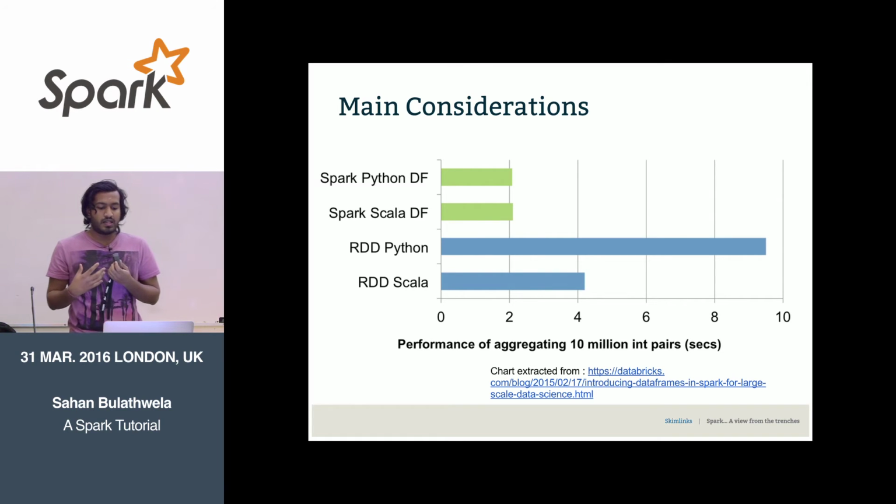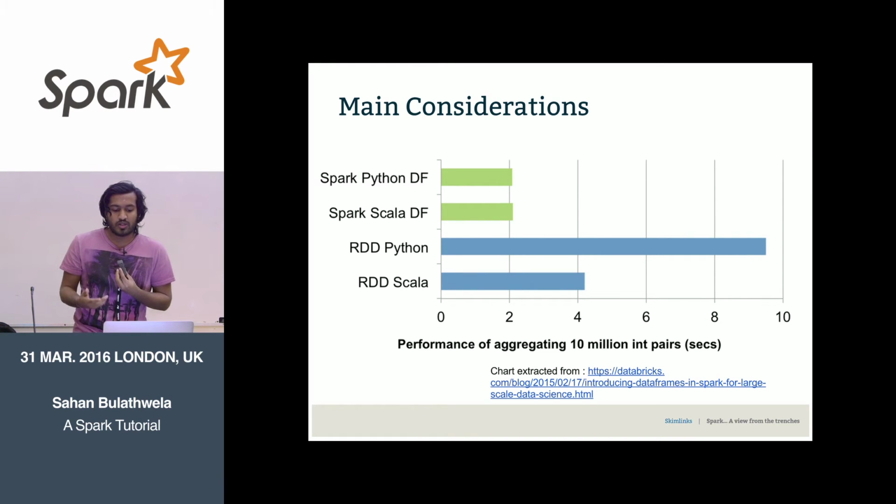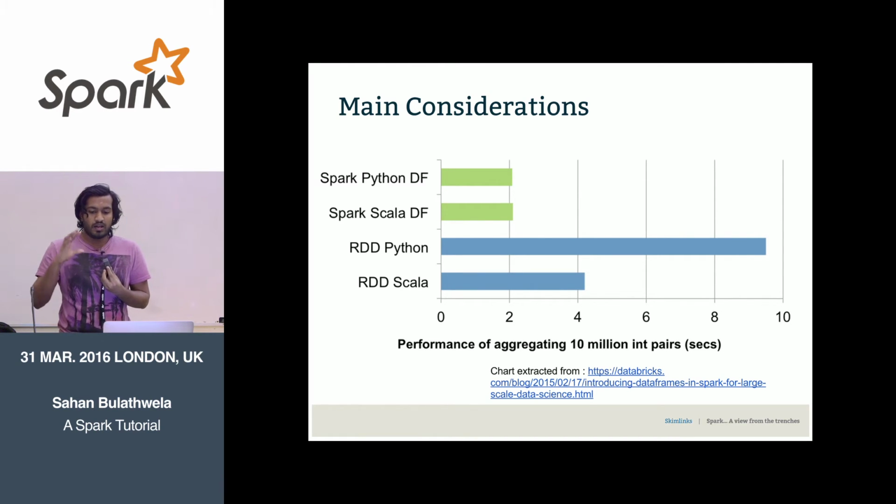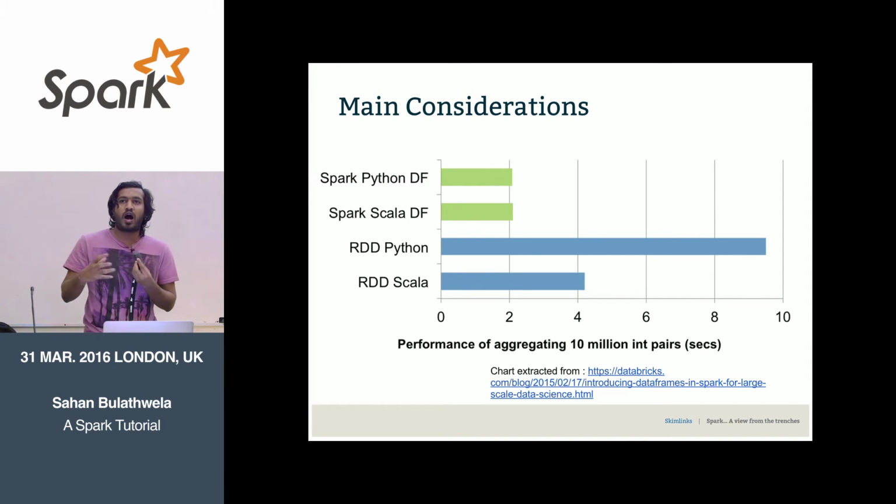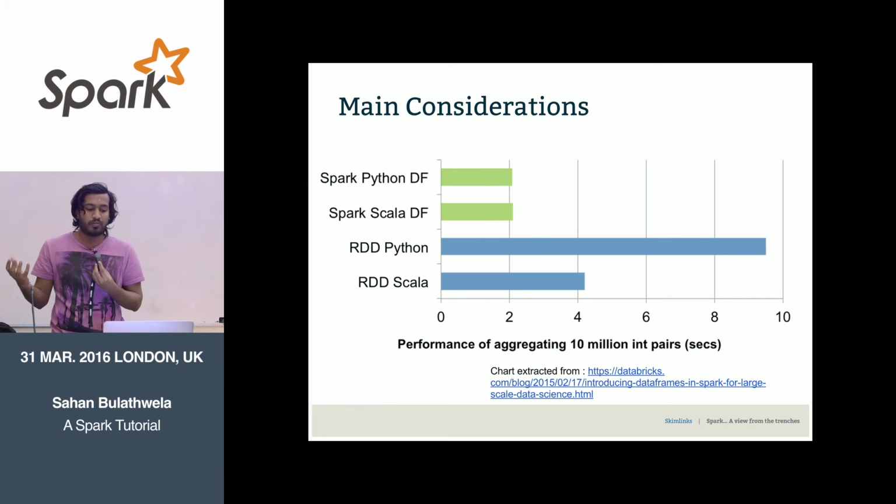This is mainly because of the advantage data frames have by knowing the schematic nature of the data. It can figure out the best way to serialize the data, the best way to compress data, and the best way to pass this data around and do calculations. So this gives an advantage in planning the directed acyclic graph that Spark builds to do these data transformations.